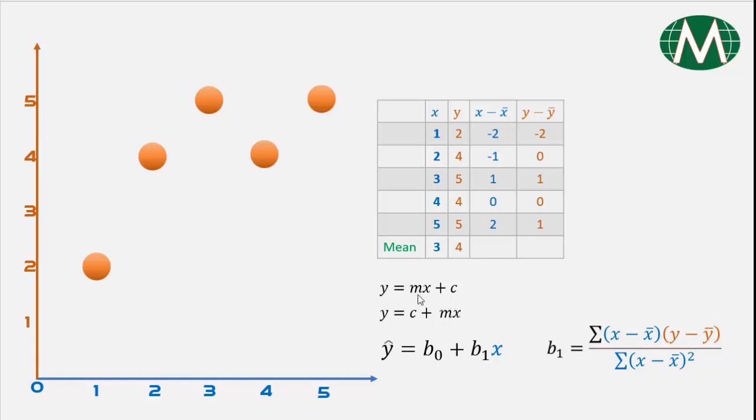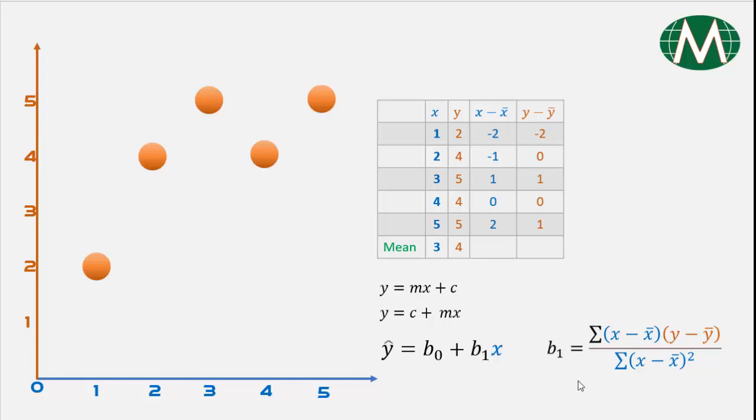Just switching these two terms, it can also become c plus mx. In statistics, we normally write it like this: y cap equals b naught plus b1 x. Here b naught is c, called the y-intercept, and b1 is m, which is also called the slope of the straight line.